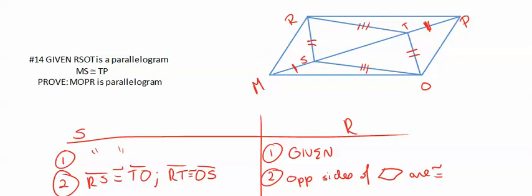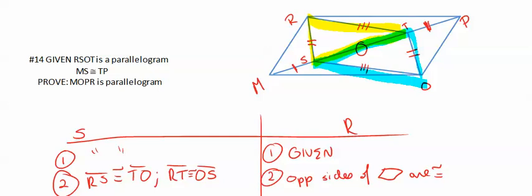Now, looking at the diagram, that gives us two sides of triangles being congruent. What we can easily say now is that ST is congruent to itself, making triangle RST congruent to OTS based on side-side-side.